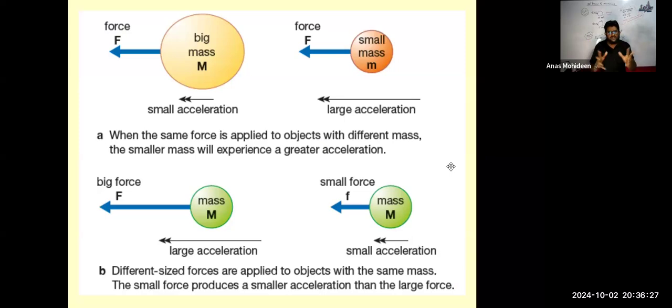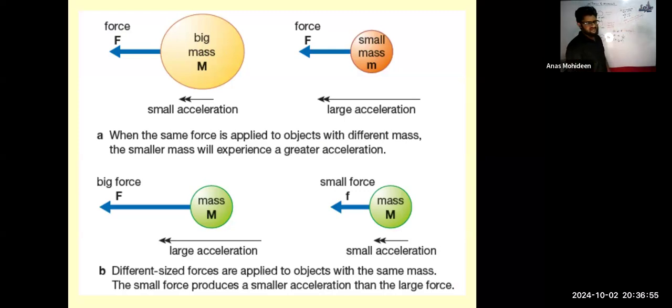You can see two balls are shown, one bigger and the other smaller. The bigger one has the larger mass, and the other has a relatively smaller mass. When we are concerning these three factors and comparing two, the third must be constant. So here, this happens when mass is constant.